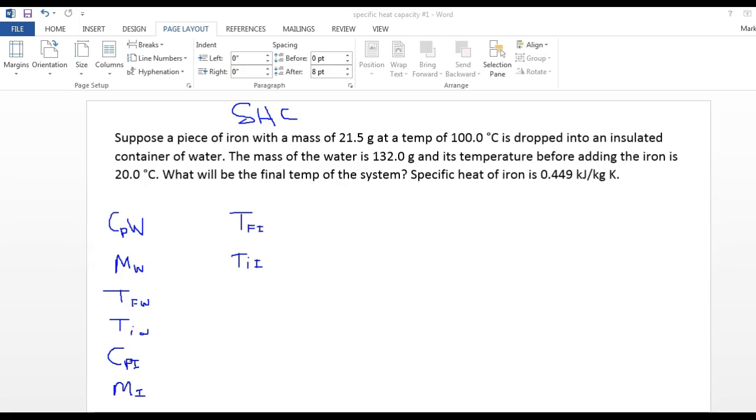So let's get ready. We start with our knowns and put them in. We're going to start with the specific heat capacity of water. This really depends on what your unit is, but you're going to want to use the one in the book. This one here is 4.184. That's kilojoules per kilogram Kelvin.